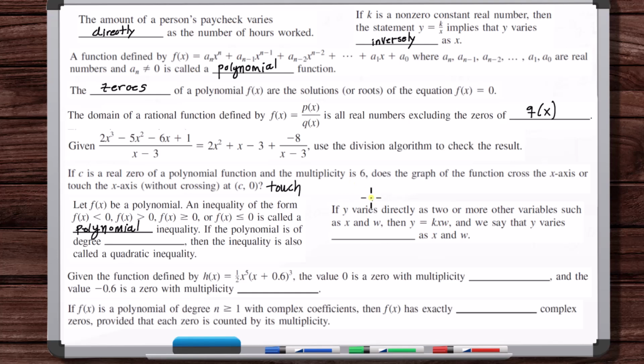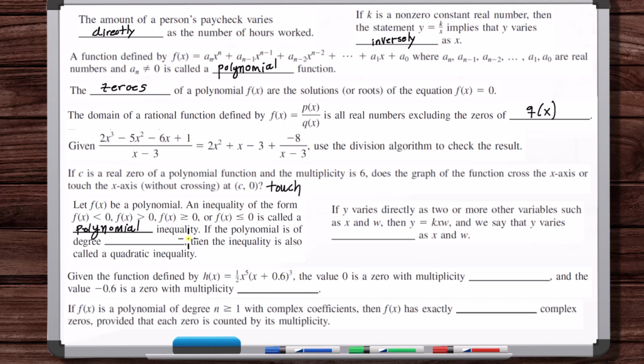Because if you had f of x is greater than or equal to the square root of x, well, f of x is a polynomial, but that's not a polynomial inequality. They're saying you take all the terms and put them on one side, and the other side is 0. Whatever, if f of x is a polynomial, then it's a polynomial inequality.